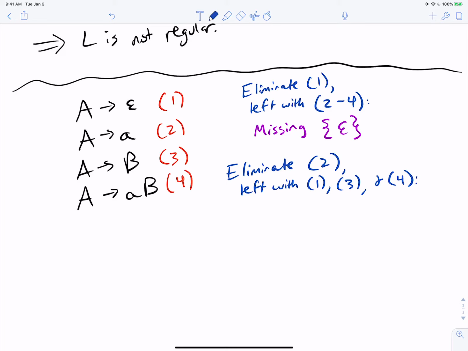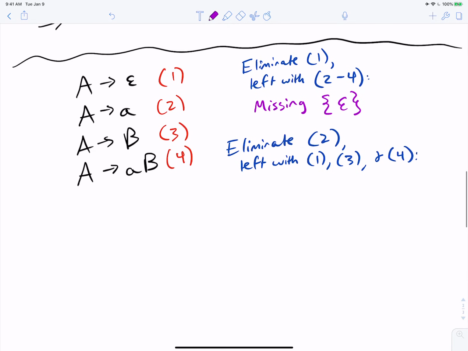So I forbid you from making a single terminal, and that's it. I think it should be the same. It would just be, instead of having 2, you just have A to B, and in this case, B could just go to the empty string. So it turns out to be exactly the same.